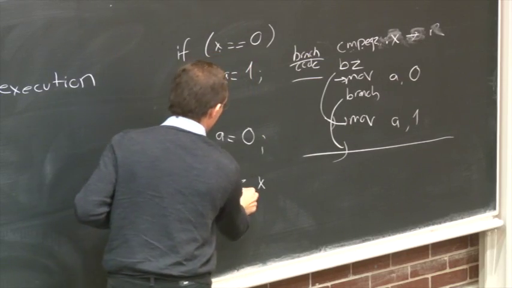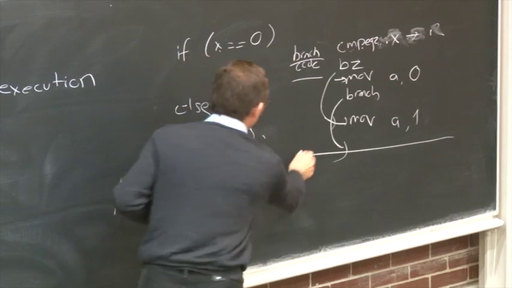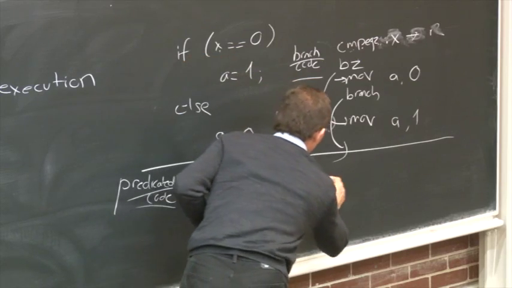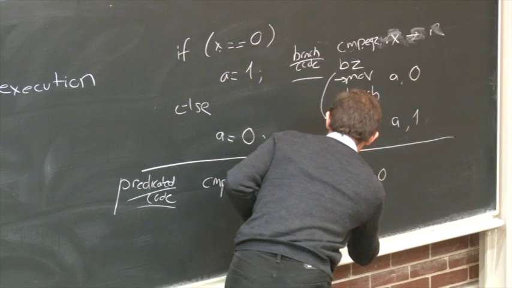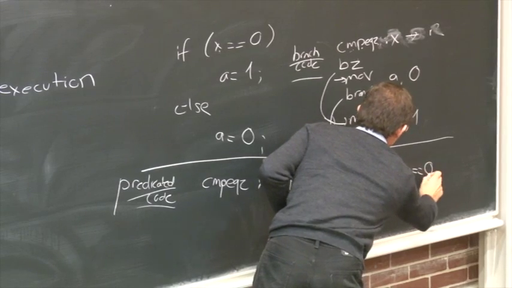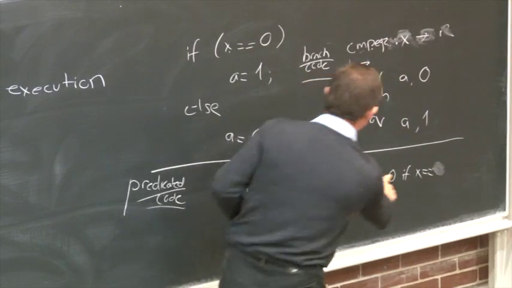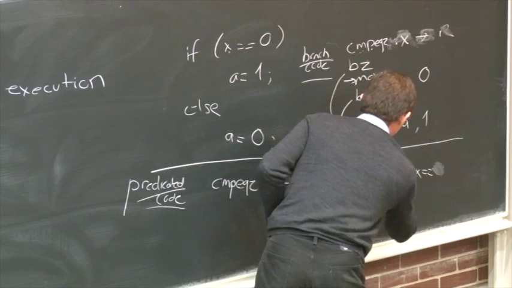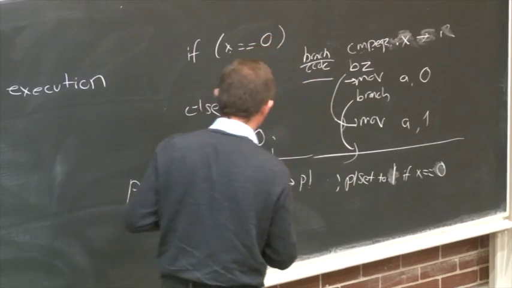Compare x equal to 0 and set the predicate bit. P1 is set to 1, let's say, if x is equal to 0. You could define it that way, saying that the predicate is true, right?